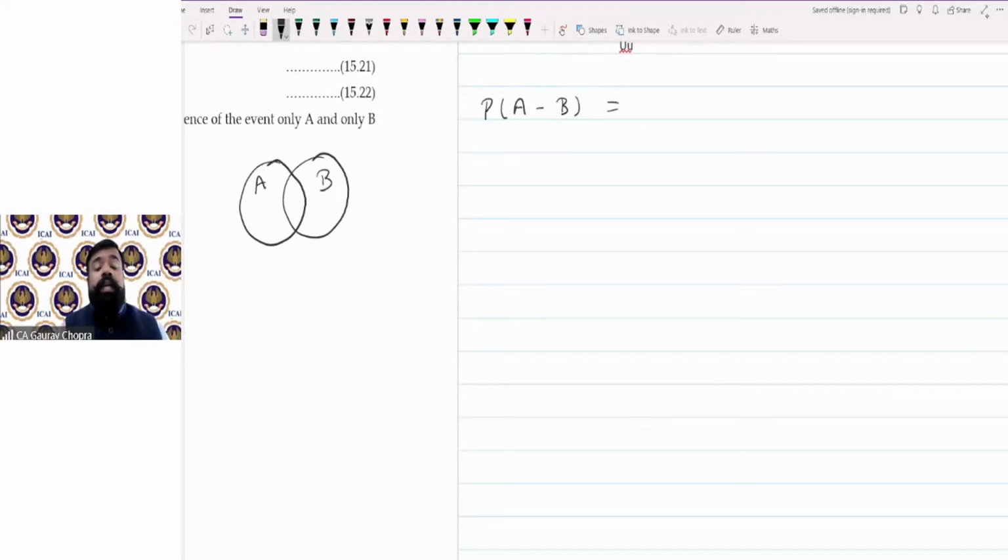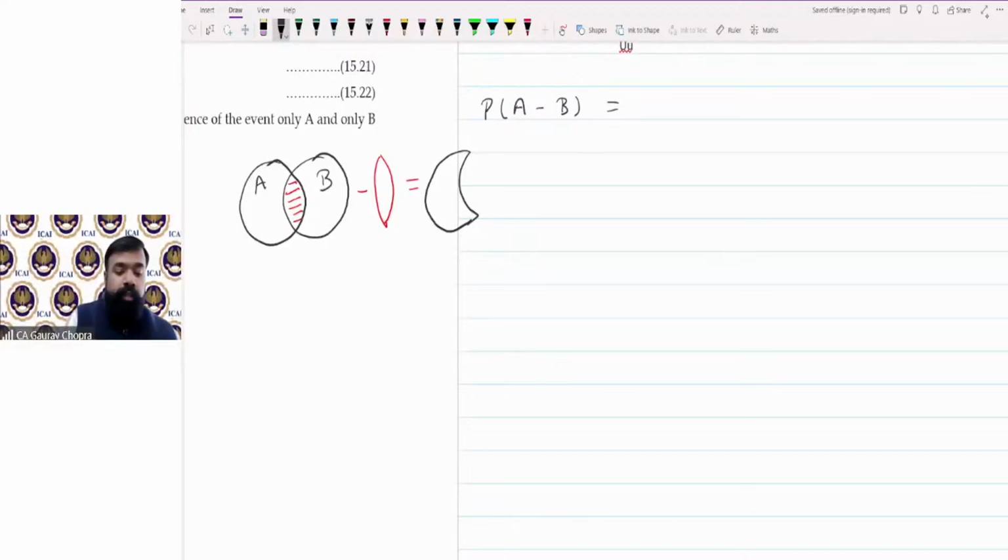We require A minus B. That means from A, we have to remove that portion which is also covered in B. So we can say that this portion is covered in B, so we can subtract this portion from A. So after subtracting, what will be left? You can see that such kind of figure will be left. So this becomes the formula.